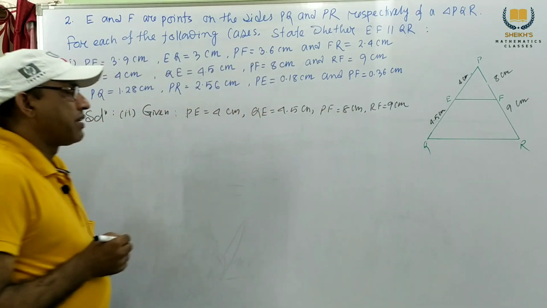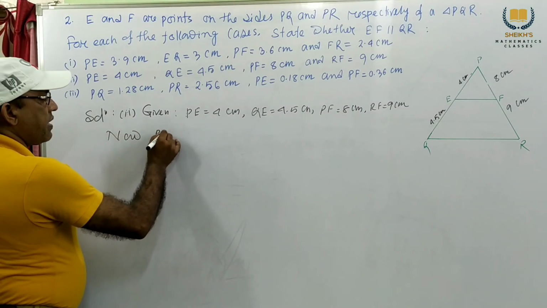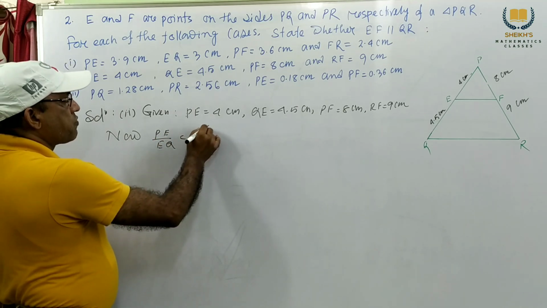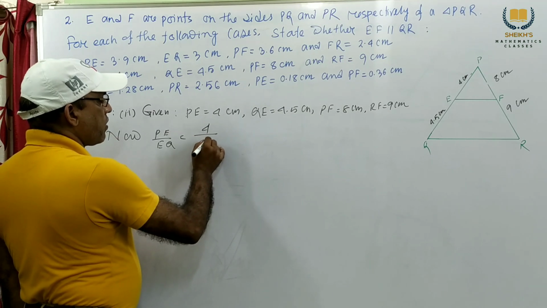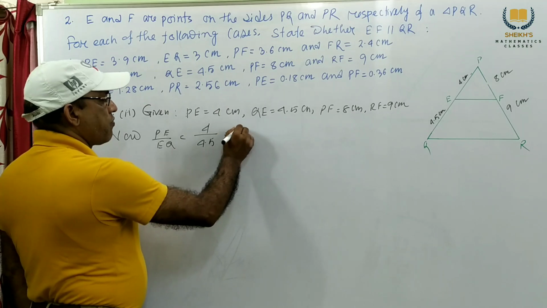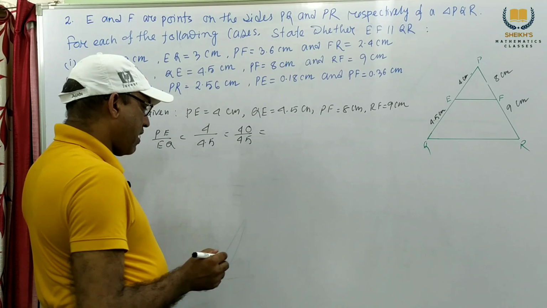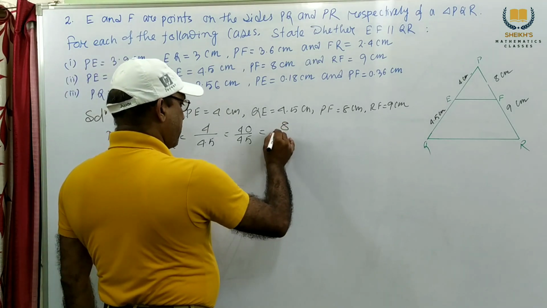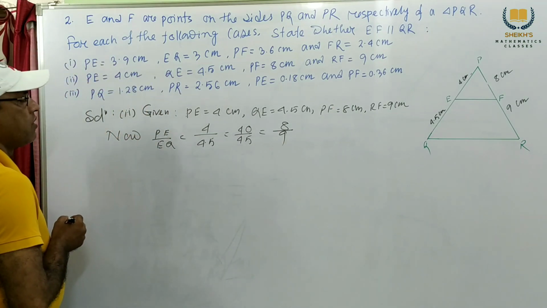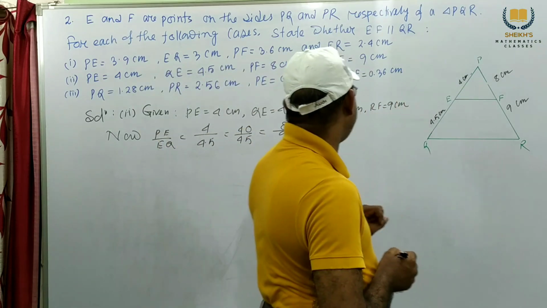Now, PE by EQ. PE means 4 and EQ means 4.5. If we remove this decimal, this will be 40 by 45. Cancelling by 5, 5 8s are 40, 5 9s are 45. We get 8 by 9 on the left hand side.